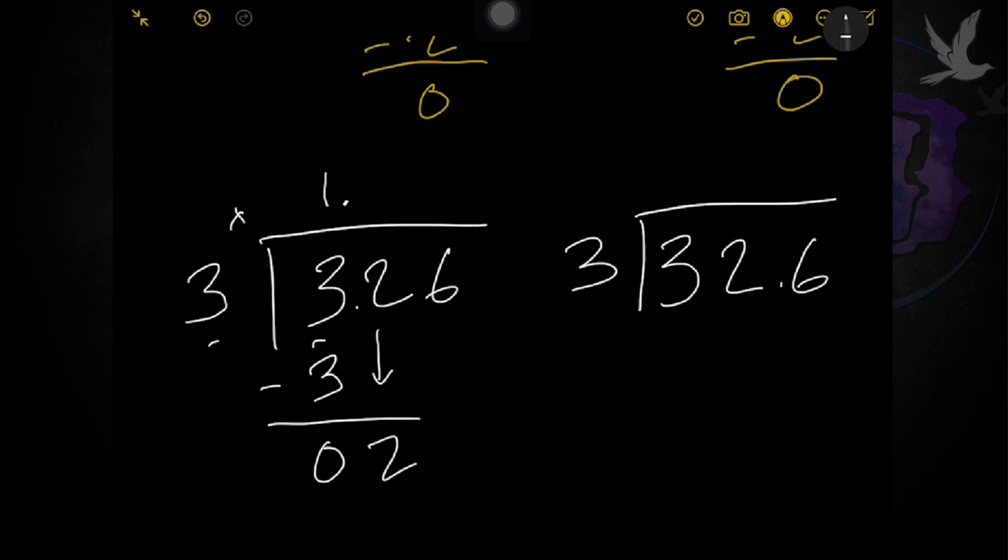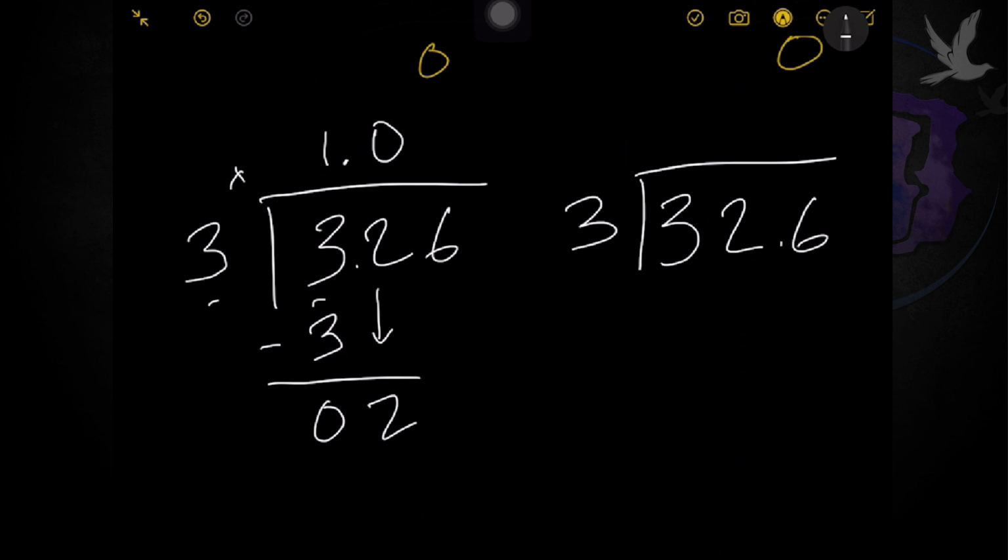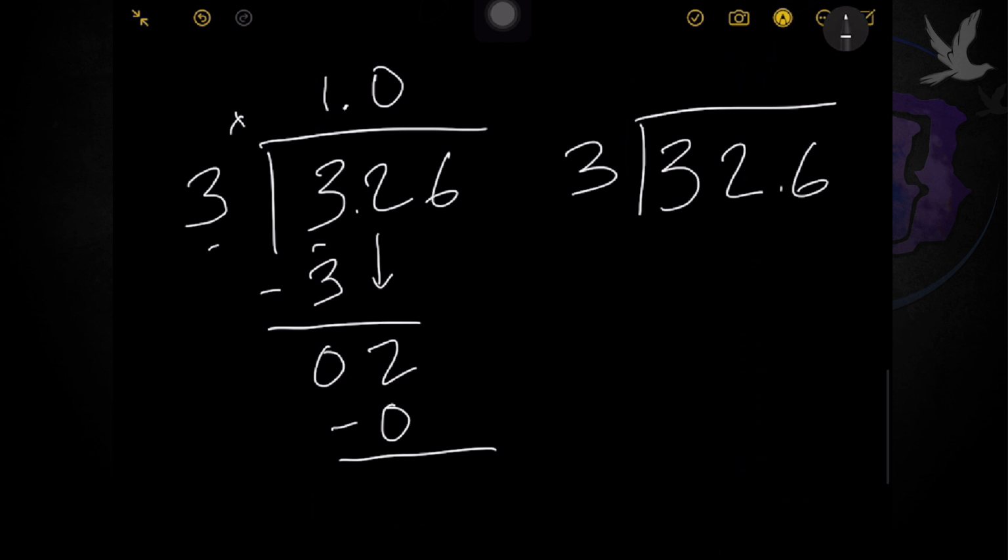So, 2 divided by 3, it's not possible because you cannot fit 3 into 2. So, that's just 0. 0 times 3 will give us 0. Minus natin yan. 2 minus 0 will give us 2. Okay. Let me change the value muna. Wait lang.